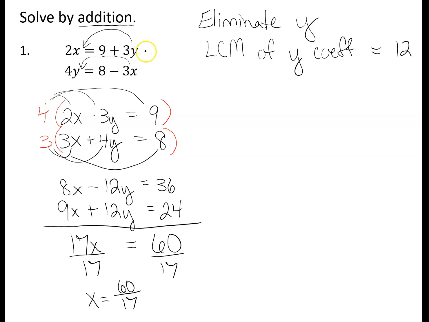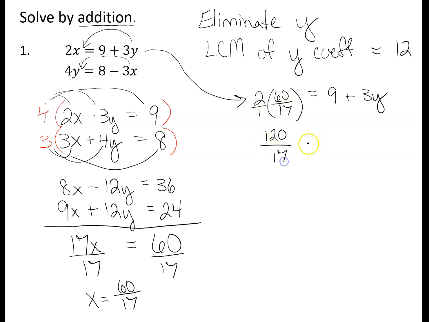I am going to go into the first one. So I've got my 2 out front. I'm going to replace x with 60/17, and then that's equal to 9 plus 3y. So if I'm going to multiply by 2, let's think of this as 2 over 1. So that'd be 120/17.